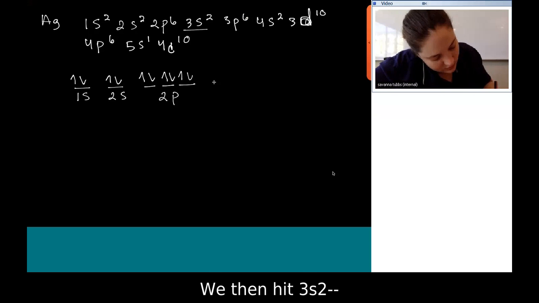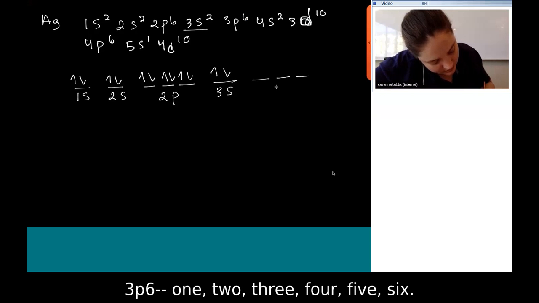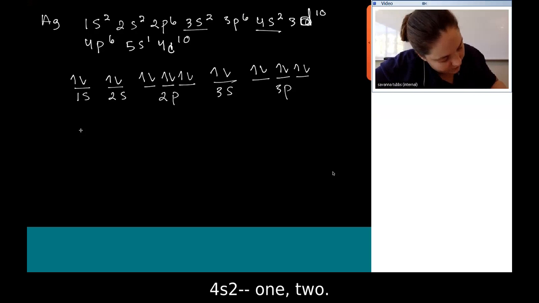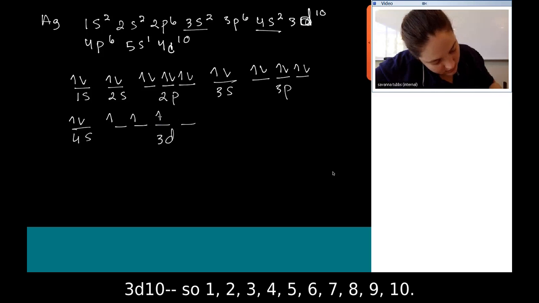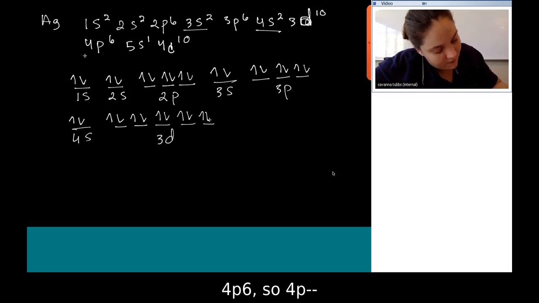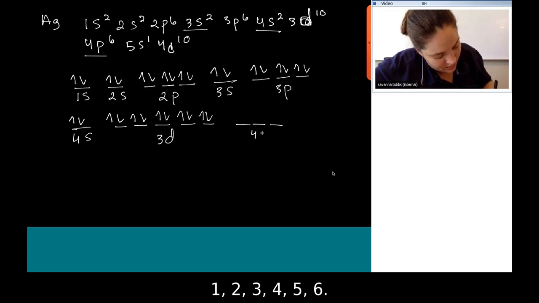We then hit 3s2, 1, 2, 3p6, 1, 2, 3, 4, 5, 6, 4s2, 1, 2, 3d10, so 1, 2, 3, 4, 5, 6, 7, 8, 9, 10, 4p6, so 4p, 1, 2, 3, 4, 5, 6.